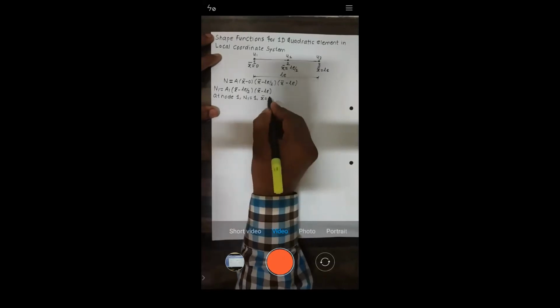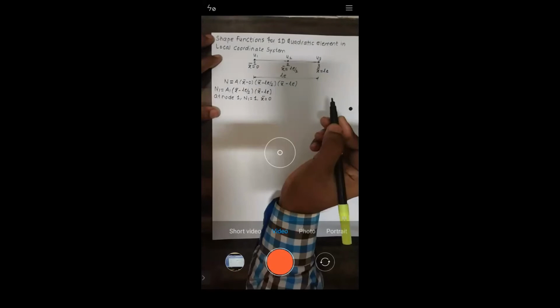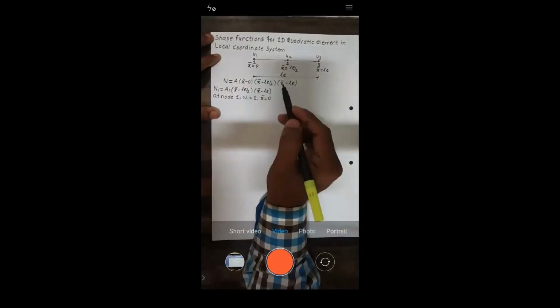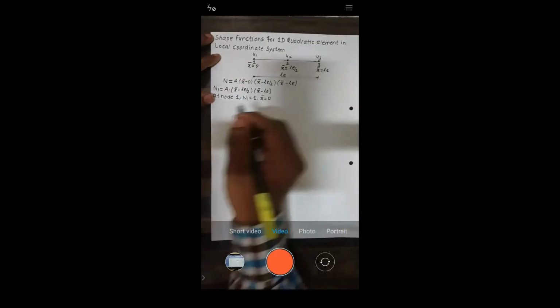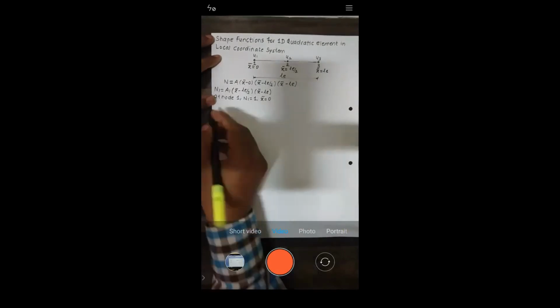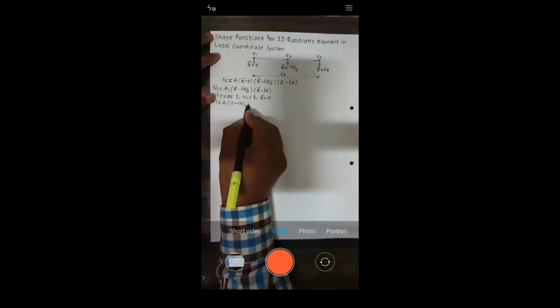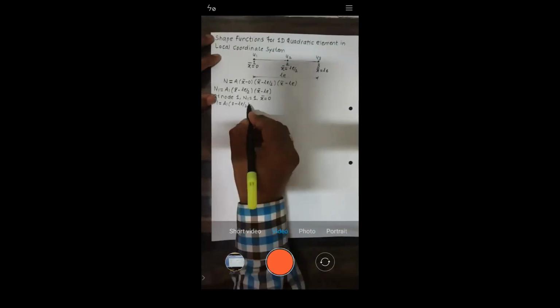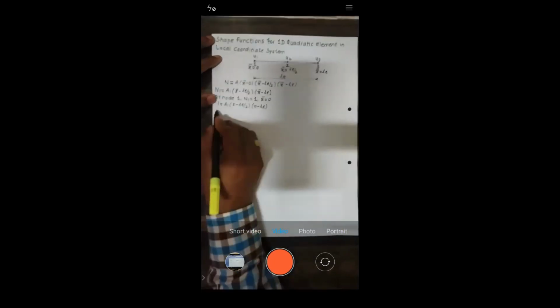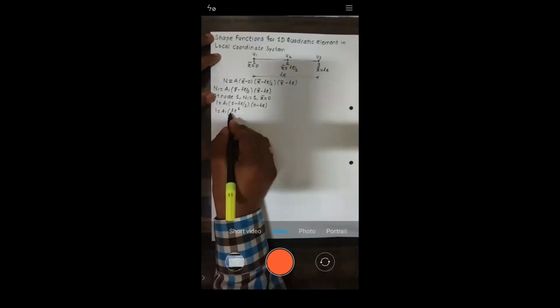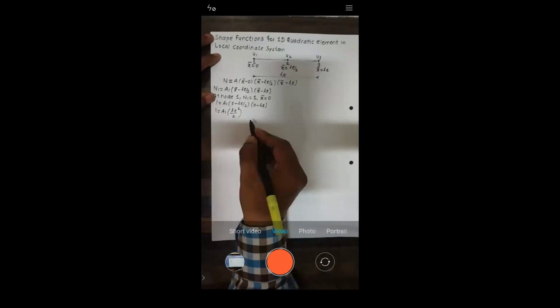So at node 1, N1 is equal to 1. If you put this value, N1 is equal to 1 is equal to A1, x bar is 0 minus LE by 2, into x bar is 0 minus LE. So what you'll get? 1 is equal to A1, minus minus plus, LE square by 2. Understood?